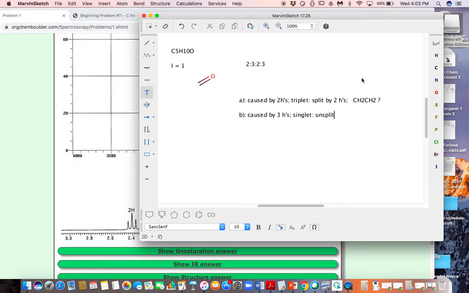So I'm thinking this is going to be something that's isolated from other hydrogen-containing species. And if I see a group that has three hydrogens, again, going with the probabilities, I'm thinking I probably have a CH3 group, a methyl group. All right, so I would hypothesize that maybe I have an isolated CH3, meaning that it's not close to anything else that can split it.